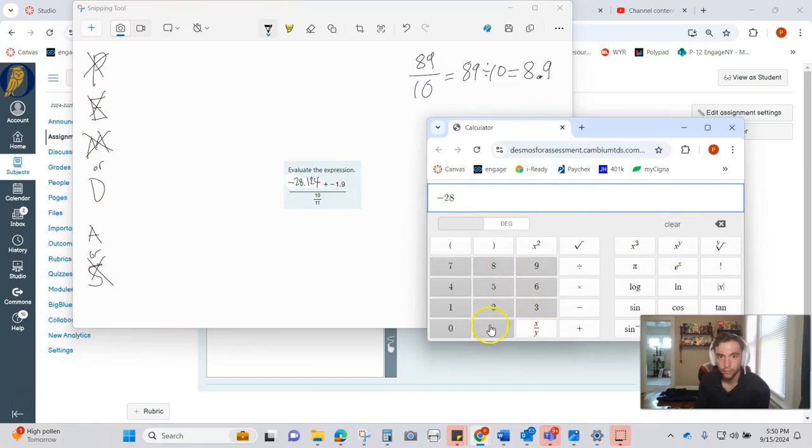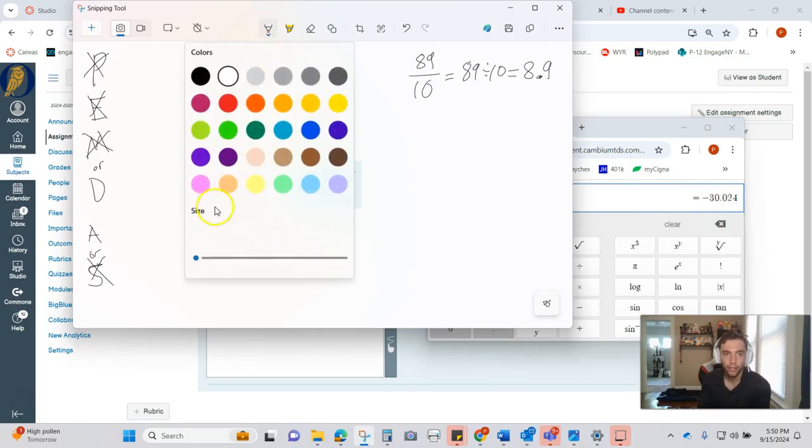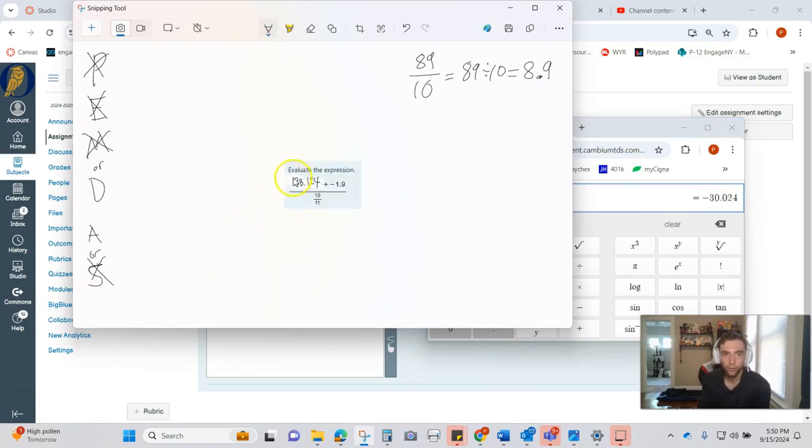Negative 28.124 plus negative 1.9 is negative 30.024. So let's smudge out the numbers and the operations I just used and replace them with what I just solved for, negative 30.024.